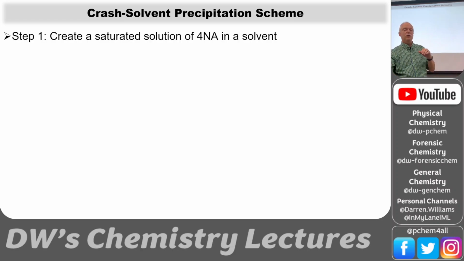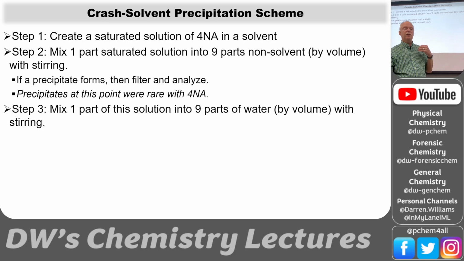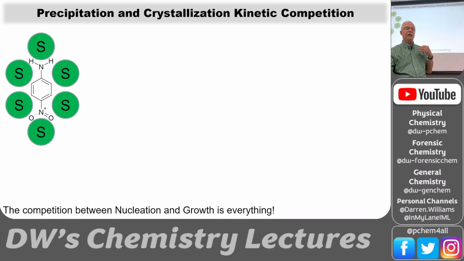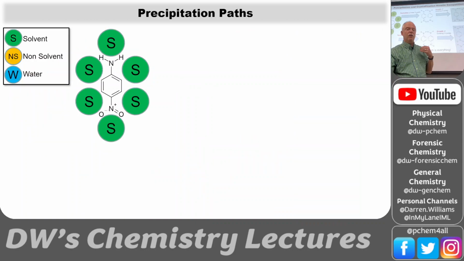Okay, so we're doing this. We take a saturated solution of 4-nitroaniline, and we mix just 1 part to 9. So we make a 10% solution into a non-solvent like acetonitrile or methanol or toluene, and then we crash that into water. So this is what we're doing. We're taking this and we're nucleating new crystals and then letting them grow.